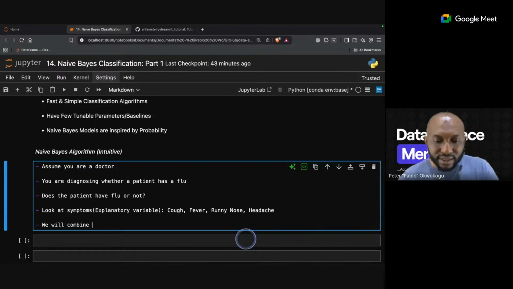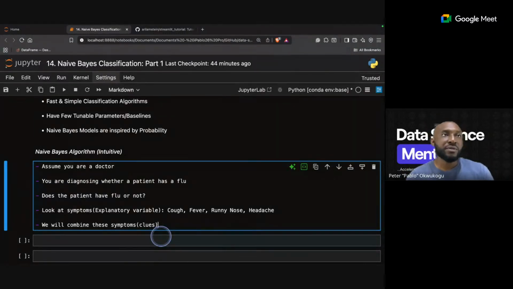These symptoms are like clues. So we'll combine these symptoms to make a prediction. And remember what the prediction is. The prediction is, does the patient have flu or not?